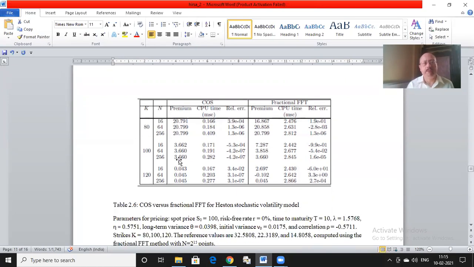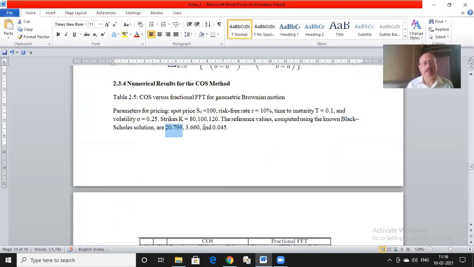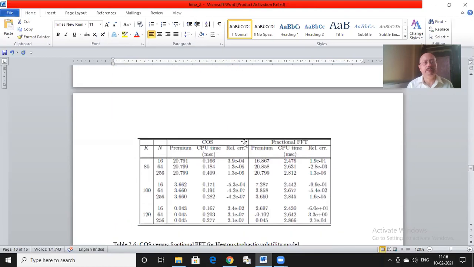If I look at the other strike prices, 100 and 120, similar comparisons can be seen in terms of computing time. Cosine is much faster. And if I look at the correctness, for k equal to 100 our benchmark is 3.66. Again, the cosine method is achieving that at 64 already. Fractional FFT achieves it only at 256.